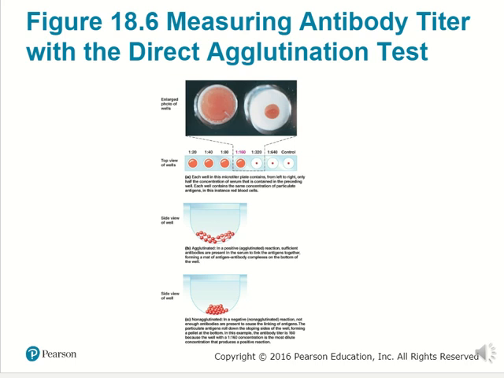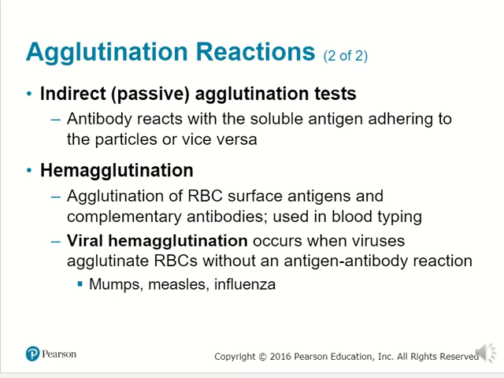So at what level is something observable? Agglutination reactions can involve an indirect or passive agglutination test, where antibodies react with the soluble antigen adhering to particles, and vice versa.